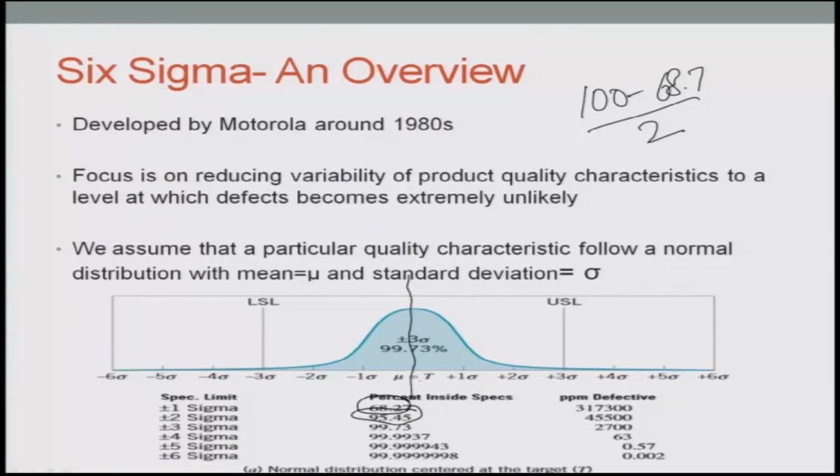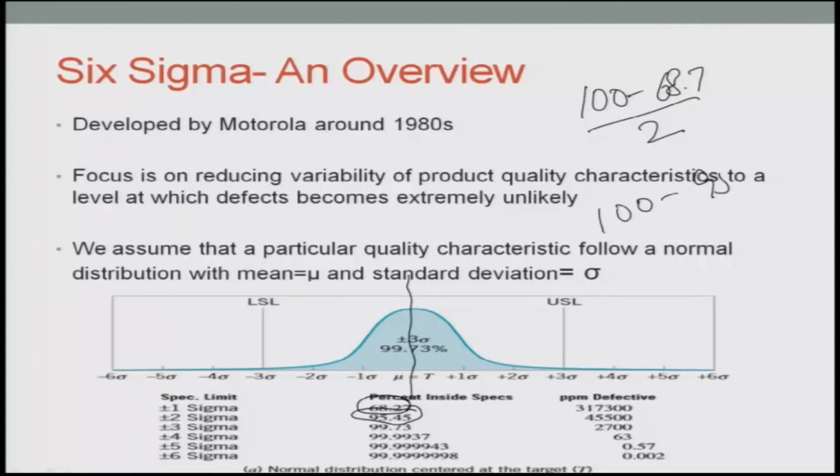So, the number of defects, whose specifications are less than mu minus 2 sigma or greater than mu plus 2 sigma, would be now (100 minus 95.45) divided by 2. So, you can basically find it out.